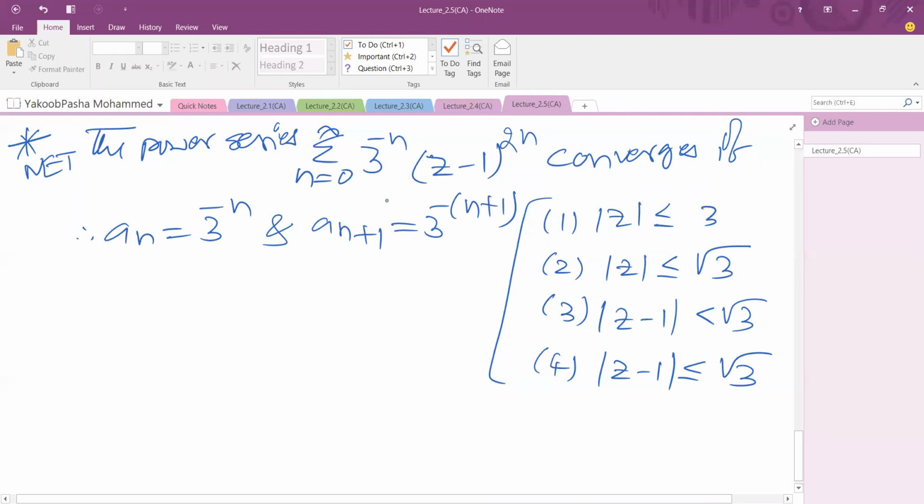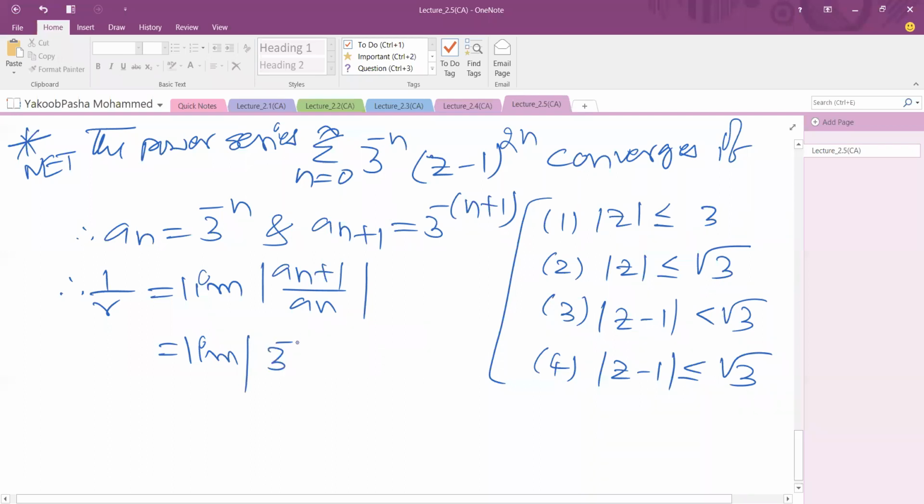Now apply the ratio test. Limit modulus of an plus 1 by an is equal to limit modulus of an plus 1, that is, in the numerator 3 to the power of minus n minus 1, and in the denominator 3 to the power of minus n.